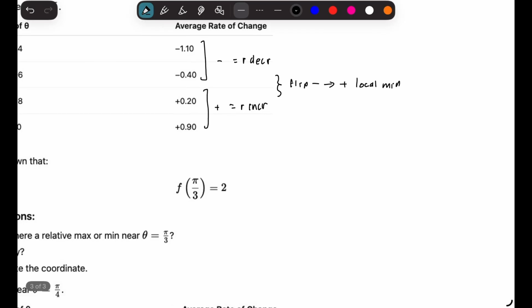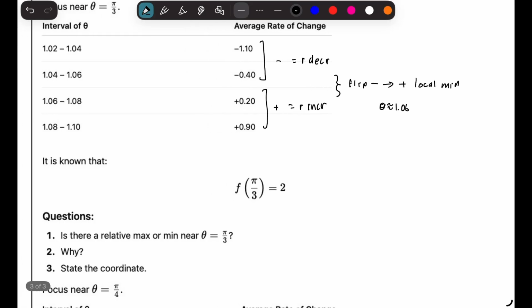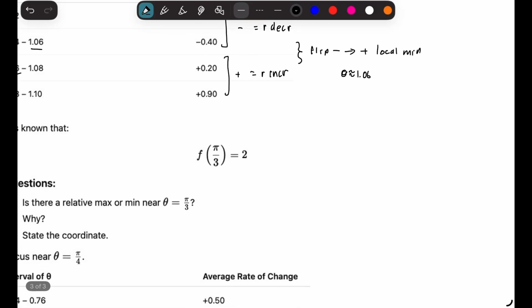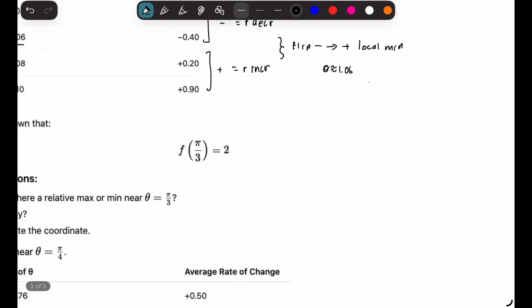So because it flips here, that means that theta is approximately 1.06, which is our boundary. Where does that happen? So we know that pi over 3 is approximately 1.047, which is right here basically. So we can write our full coordinate now as 2, pi over 3.